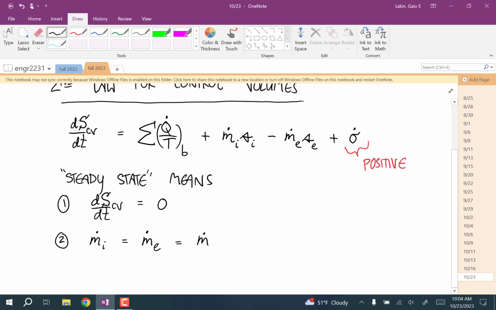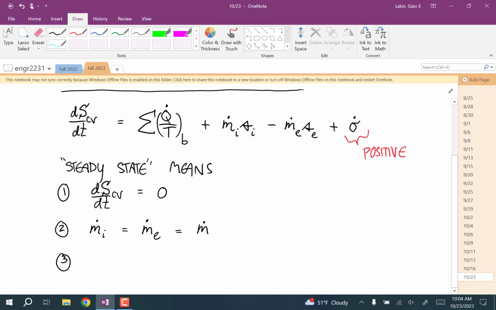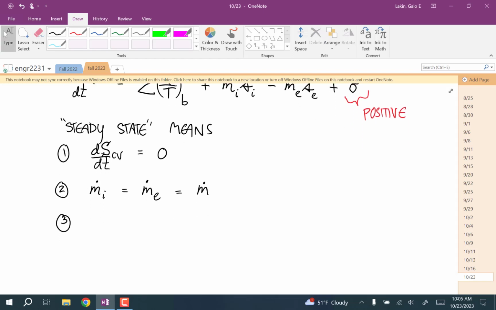And then there's one more that's going to be useful. If it's in steady state, then sigma dot over m dot can be thought of as just sigma over m.